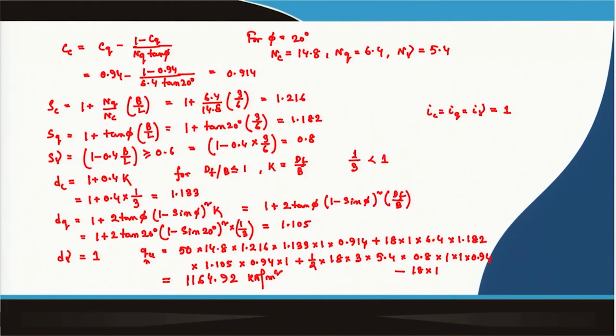So, in the next class, because I have discussed the different effects that I will discuss in this course, the first one I have discussed is the effect of soil compressibility. So, next class I will discuss the other effects like loading eccentricity, then the inclination of the load and the other effects. Thank you.